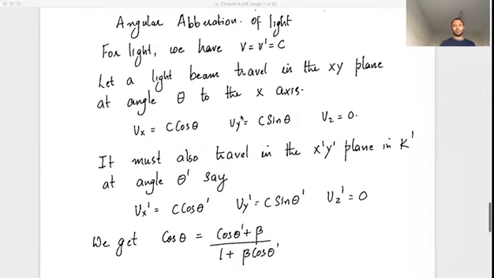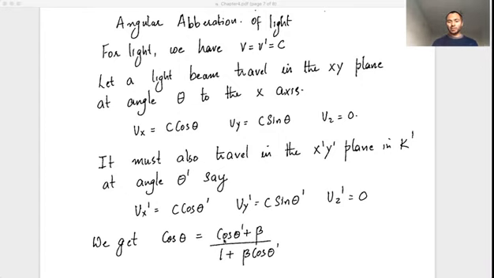Now, that's a very interesting equation. Let's say that your friend is actually moving close to the speed of light with respect to you, so you're watching your friend in a different frame, moving very close to the speed of light. What does it mean? That this beta is basically going to be close to 1, right?